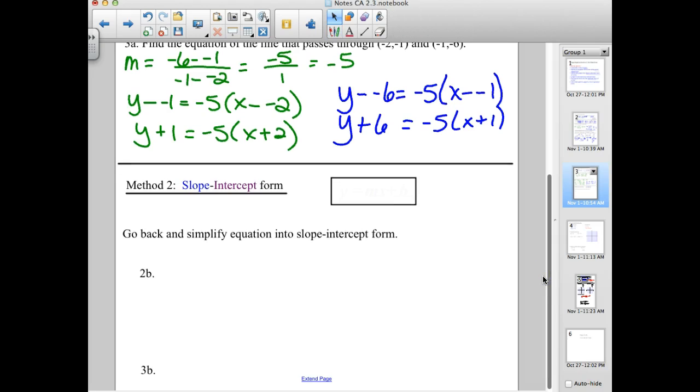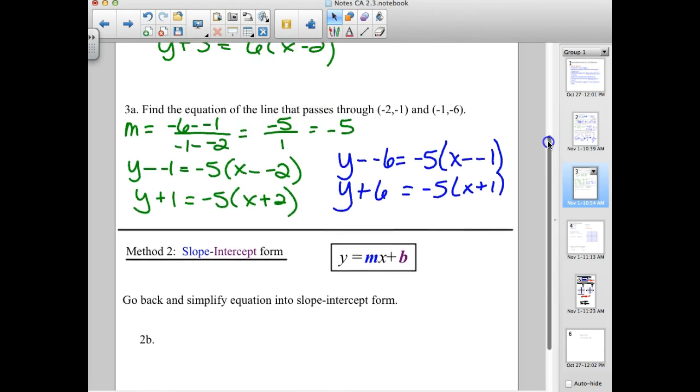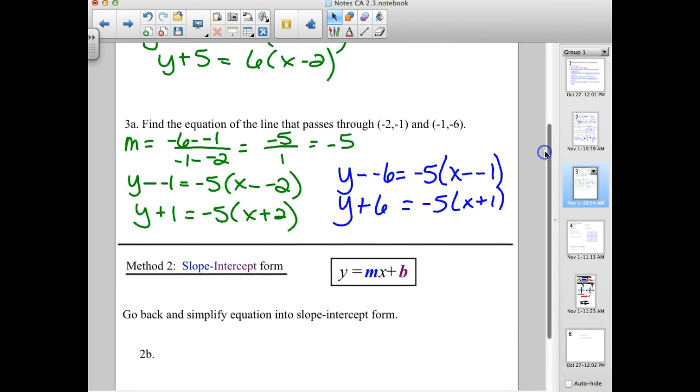In order to get these two equations to look the same, we would have to simplify it down into slope-intercept form. What does that look like? Slope-intercept form. Yes, y equals mx plus b. So we're going to go back and we're going to simplify the previous two examples into slope-intercept form.